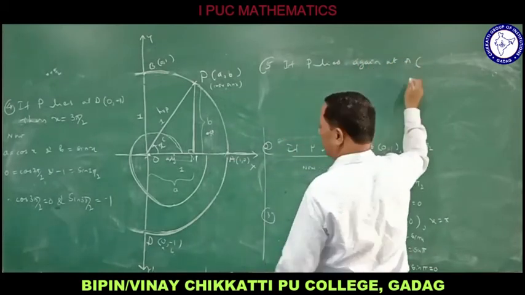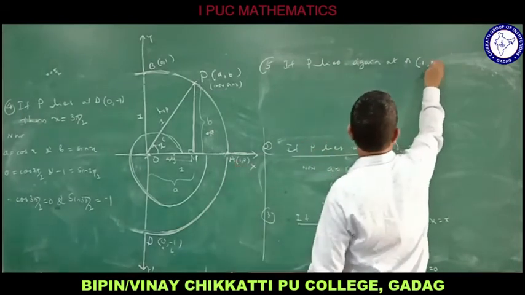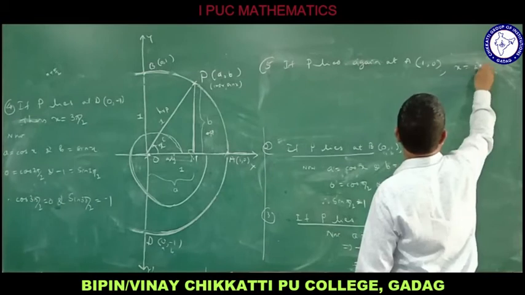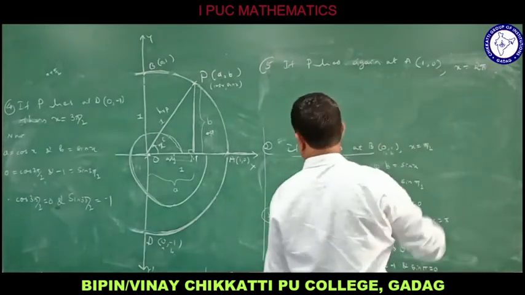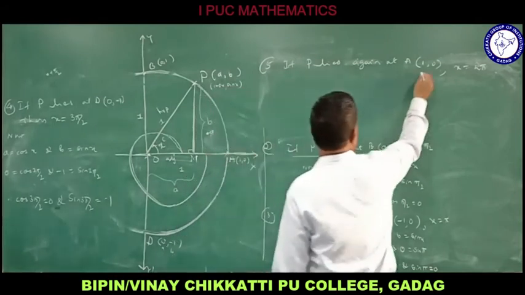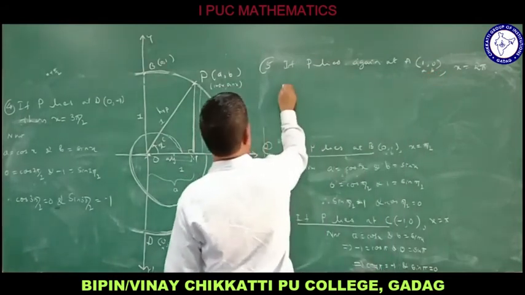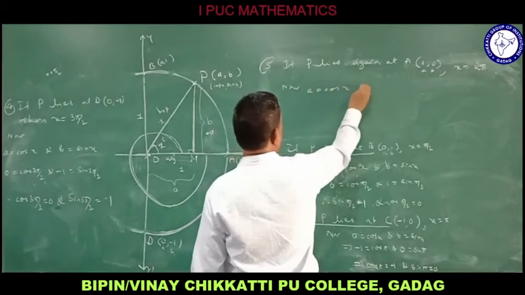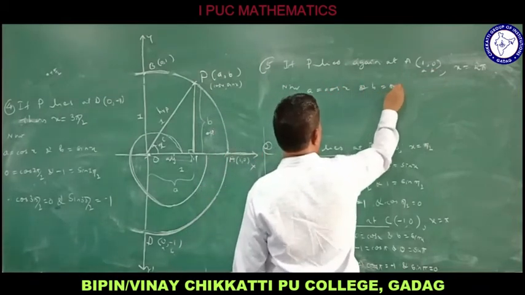So what is the coordinate values? 1, 0. And what is x? X is 2 pi. Taking one round, 2 pi. So what comes here? A, B. So now what comes? A is equal to cos x and B is equal to sin x.